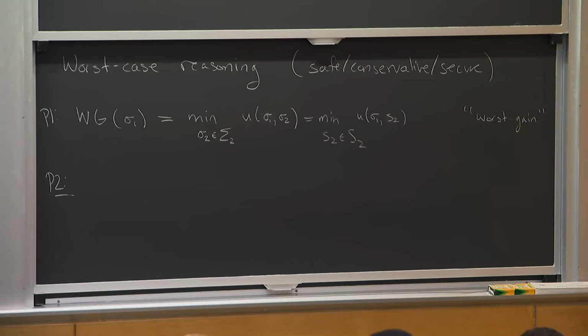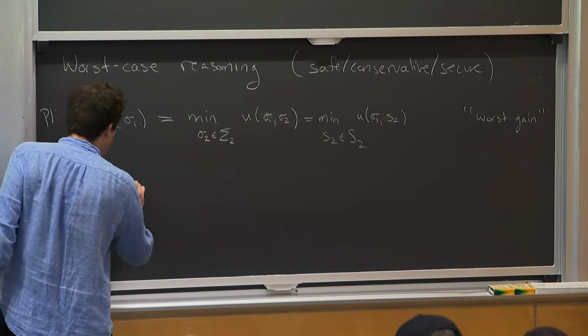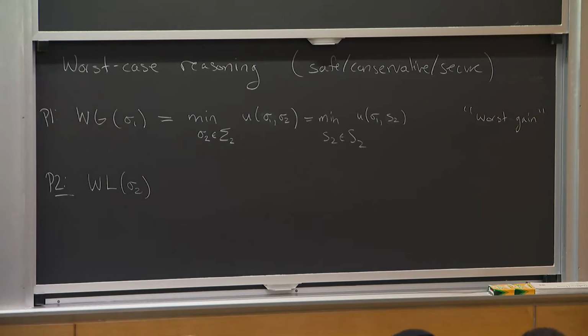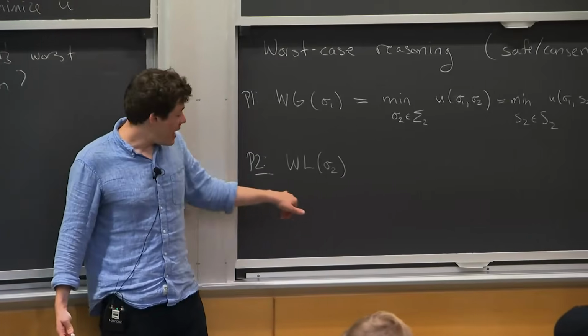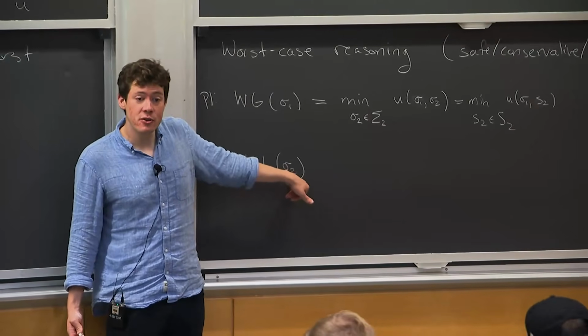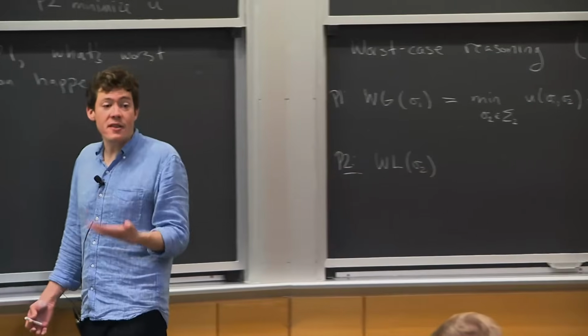We want to think about this secure worst case reasoning for player 2, but now player 2 is focused on their loss. So I'm going to call this WL of sigma 2, because remember, these numbers in the matrix for player 2 correspond to losses to player 2. So I want to say, if I'm player 2, and I choose a mixed strategy sigma 2, what is the worst possible thing that can happen?